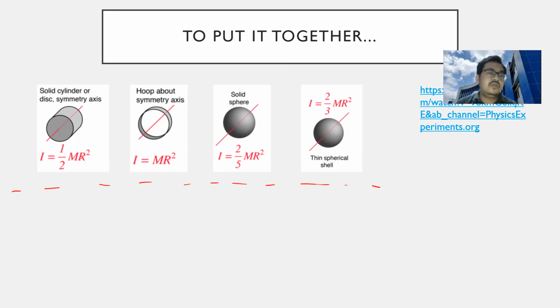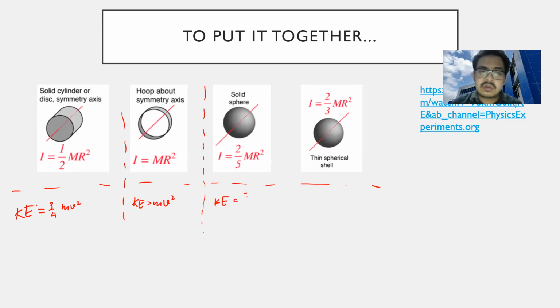The total kinetic energy of the solid cylinder is equals to 3 by 4 mv square, and hoop is equal to mv square, and the solid sphere is equal to 7 by 10 mv square.